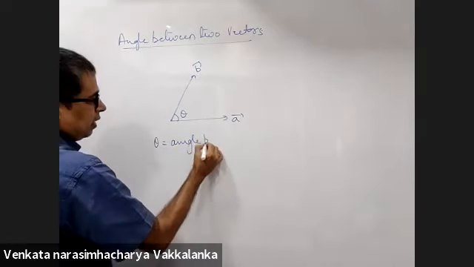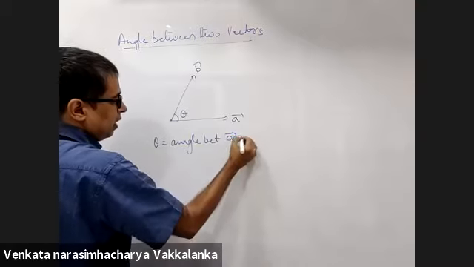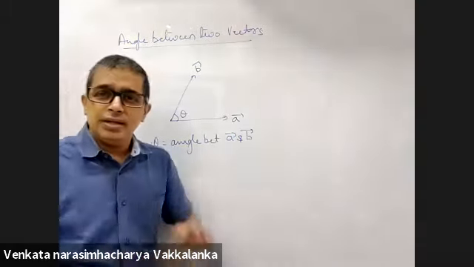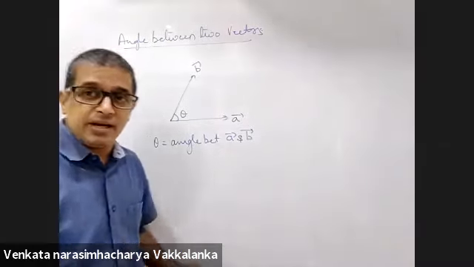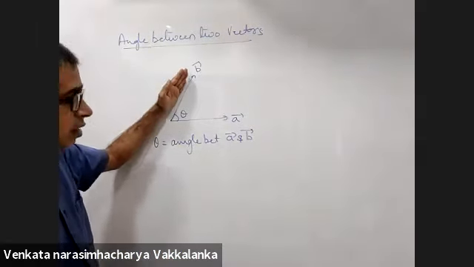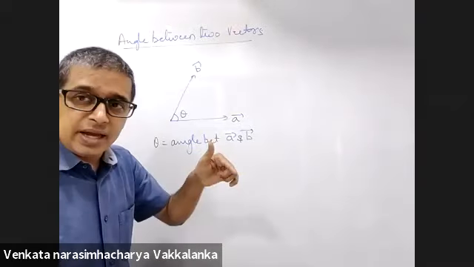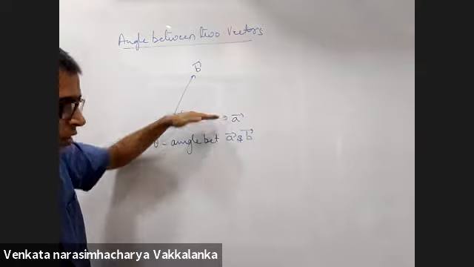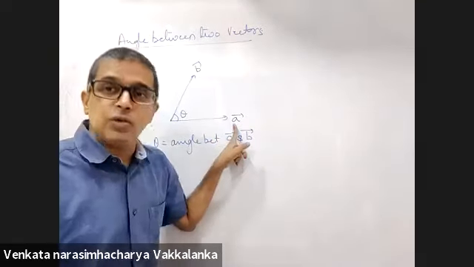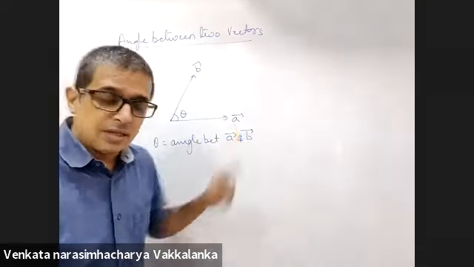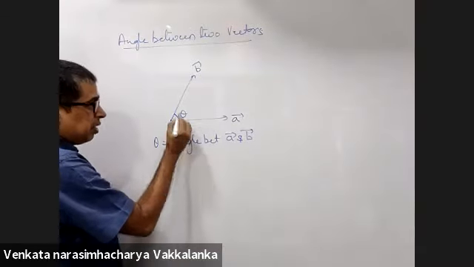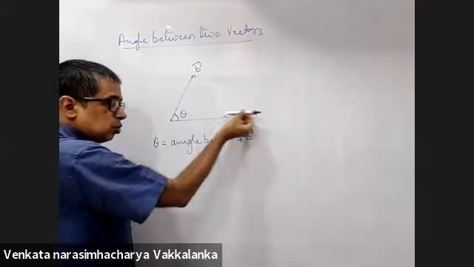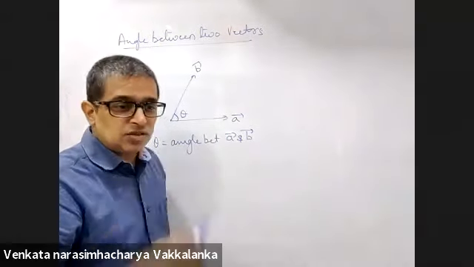Theta is the angle between A and B. No big deal. But traditionally, how do you define angle between two vectors? The smallest angle by which one of the vectors should be rotated so that it is parallel to the second vector.